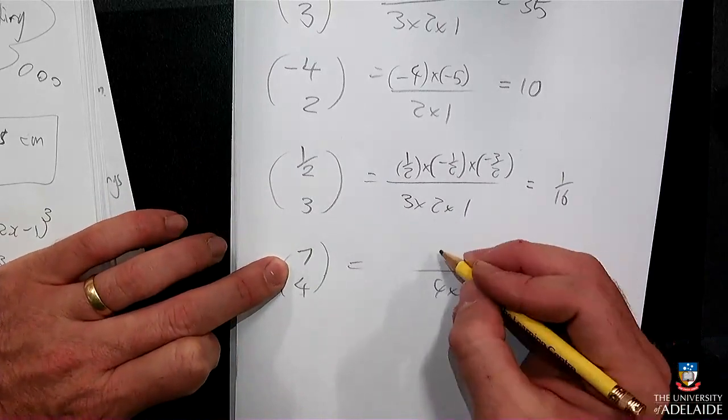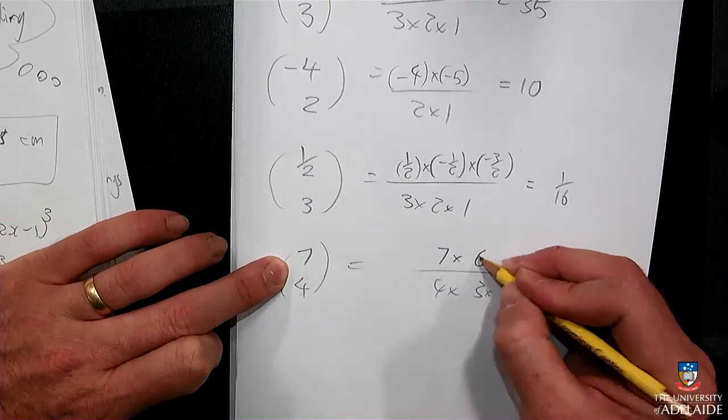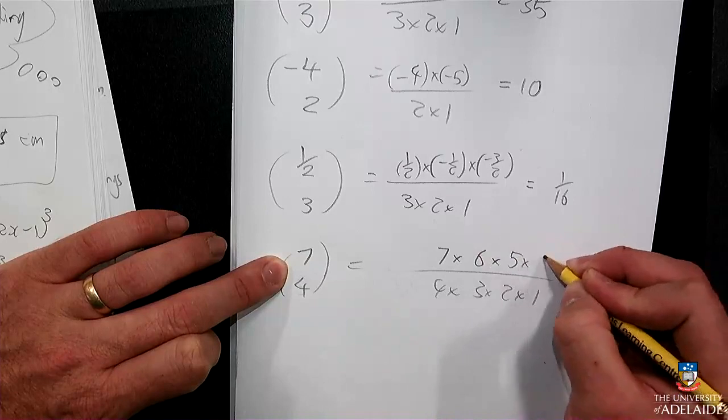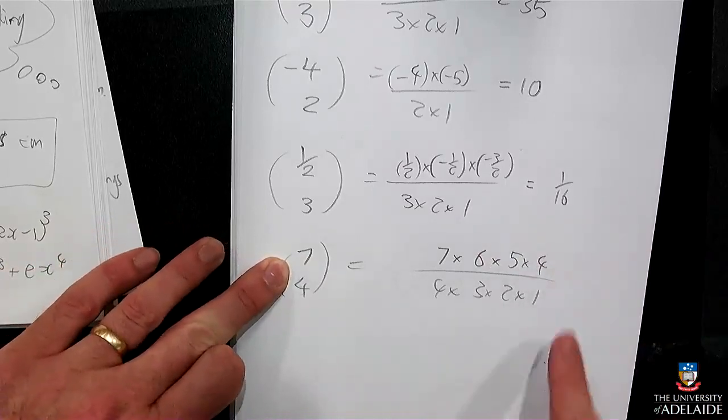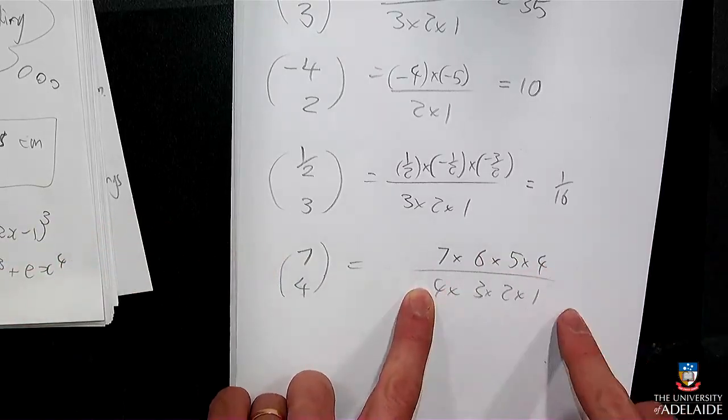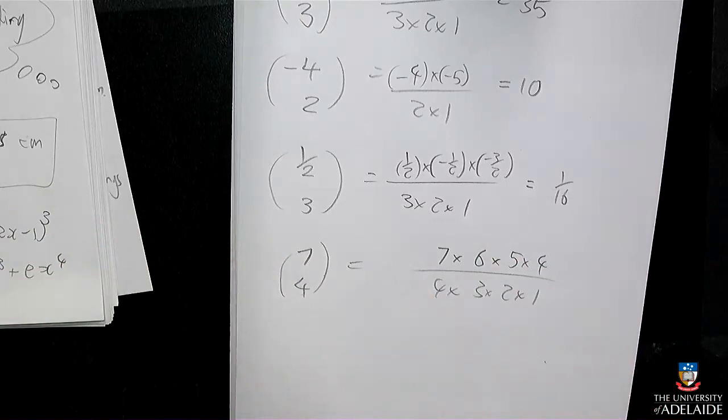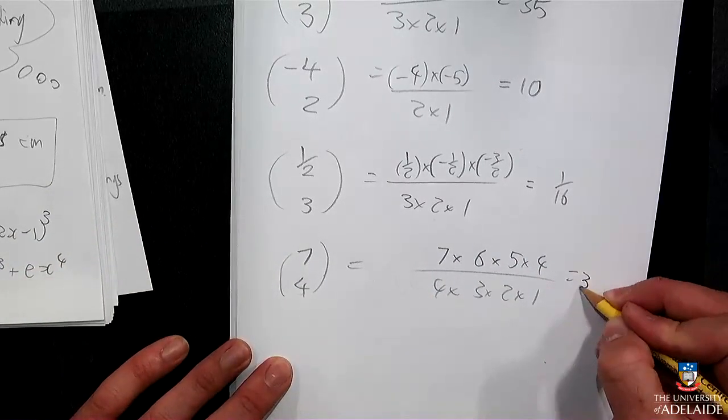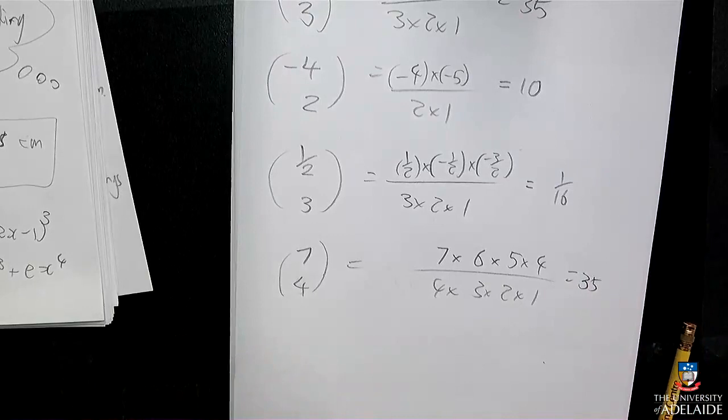So I'll start at 7, I'll go down 1 and get 6, I'll go down 1 and get 5, I'll go down 1 and get 4, and then I'll stop because there's the same number of things on the top as there were on the bottom. And this also comes out to 35 because, well, things cancel. The 4 cancels in this one. Okay. That is what the choose notation means.